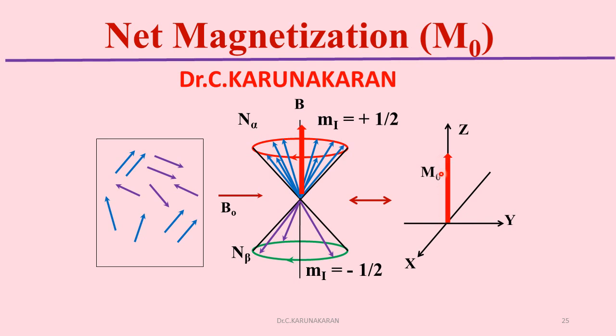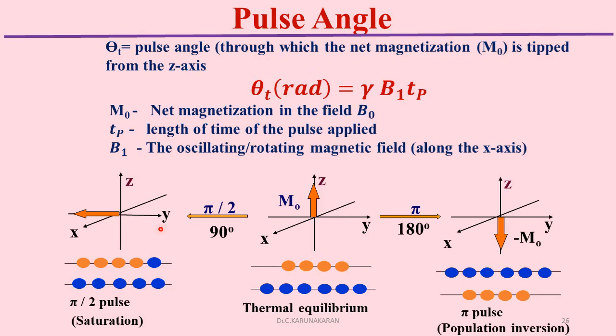Overall magnetization is in the Z direction. At equilibrium, the overall net magnetization M naught is in the Z direction. The net magnetization is shown here, as in the previous slide. It is in the Z direction.